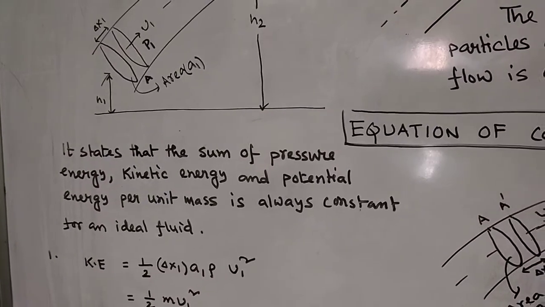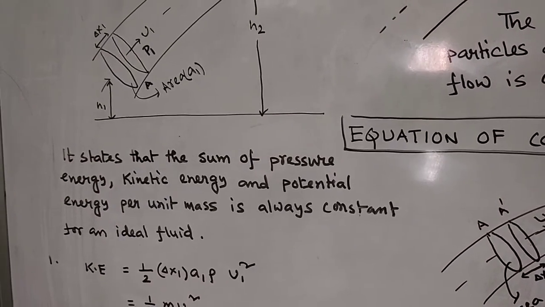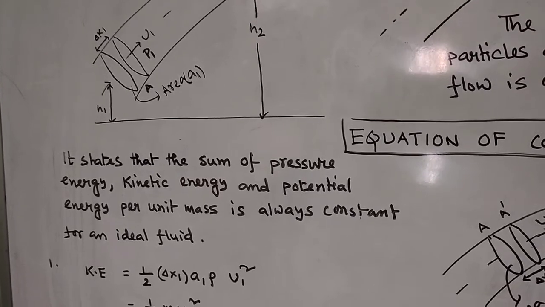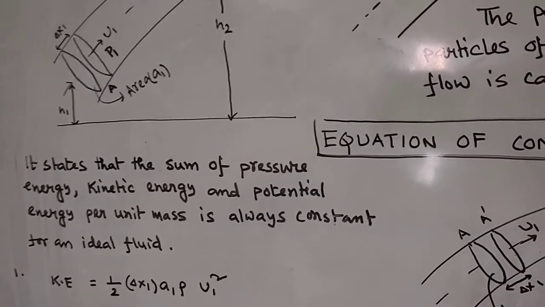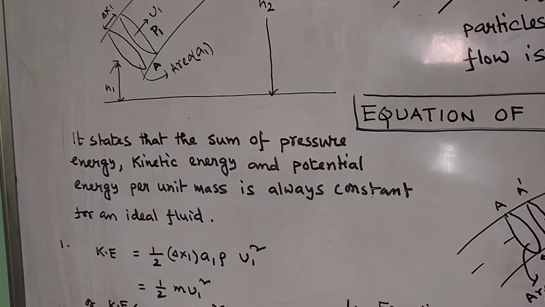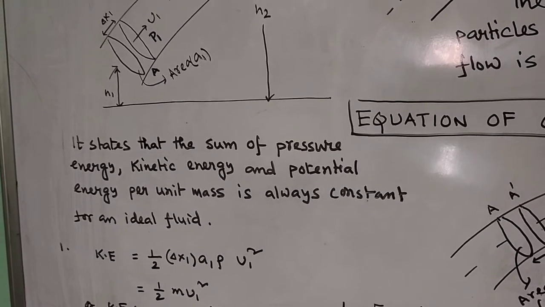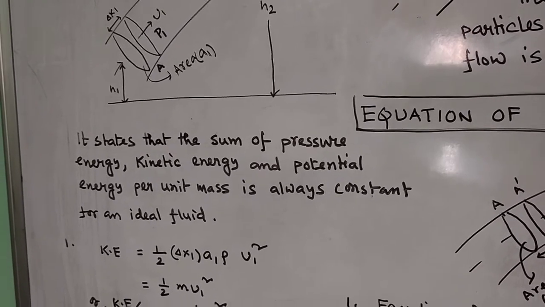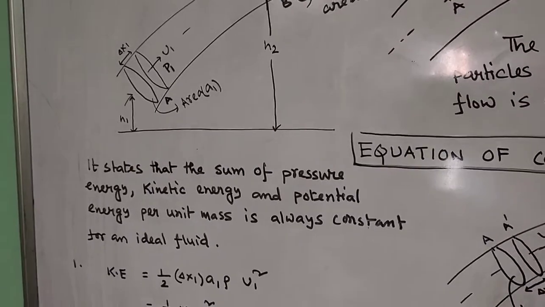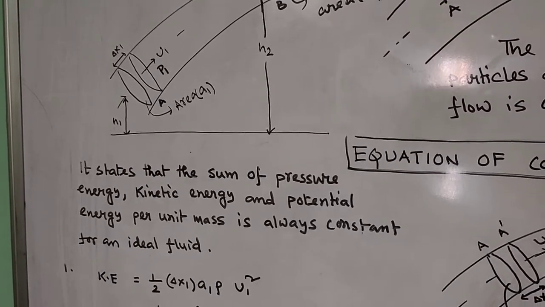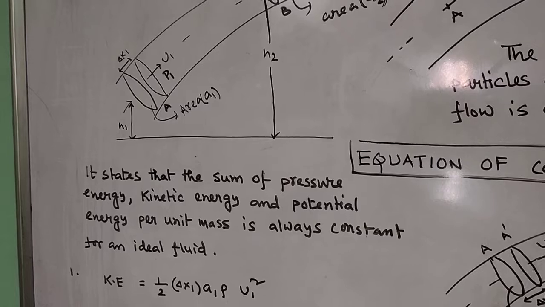It states that the sum of pressure energy, kinetic energy, and potential energy per unit mass is always constant. Till now we know kinetic energy and potential energy, but here we are going to consider one more energy, that is pressure energy. Kinetic energy has the formula half m v square.